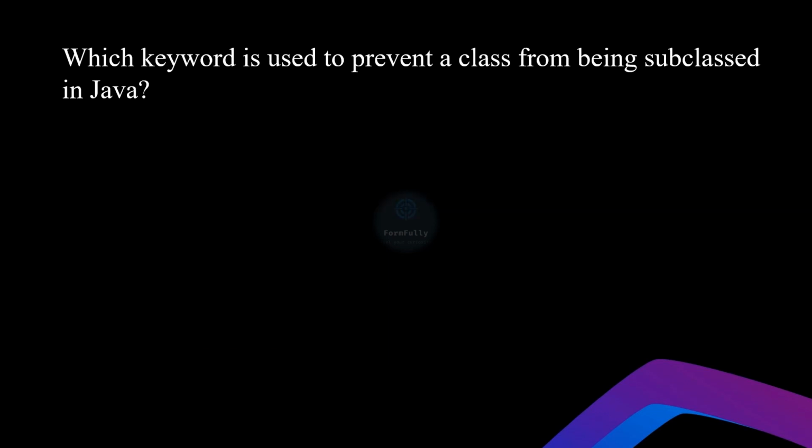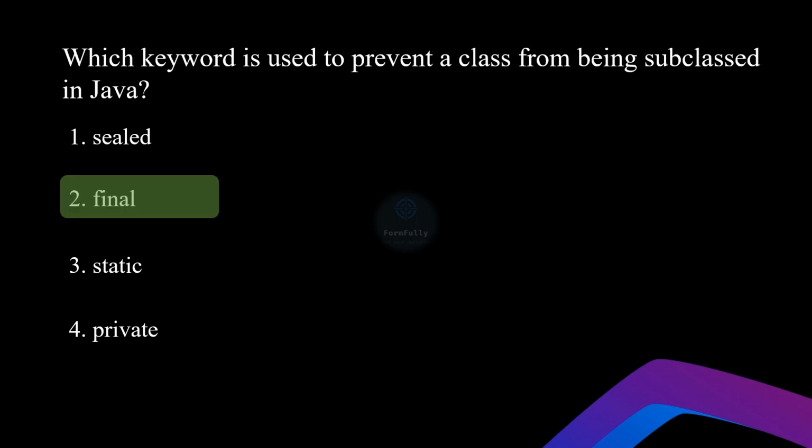Moving to the next question. Which keyword is used to prevent a class from being subclassed in Java? Sealed, final, static, private. Here option 2 is correct, as the final keyword is used to prevent a class from being subclassed in Java. A final class cannot be extended by another class.